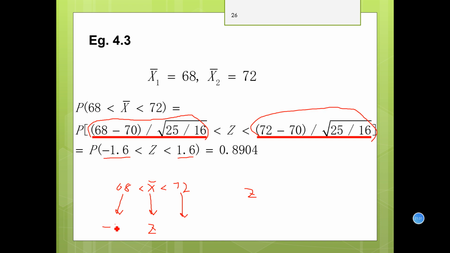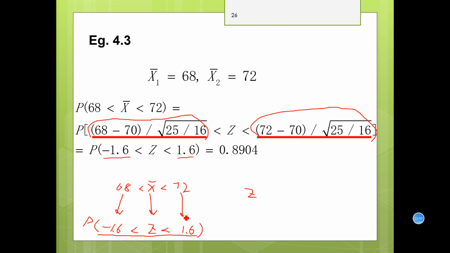The first one is negative 1.6 and the second one is positive 1.6. So that means now we want to know the probability when z is between these two values, right?